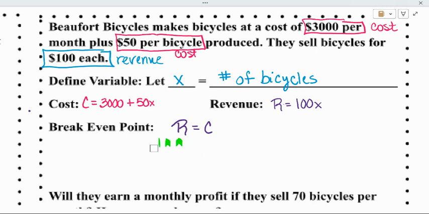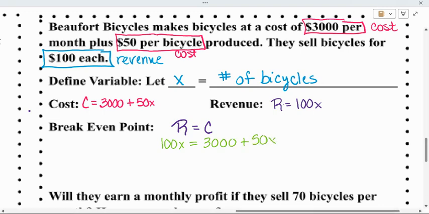What's the C expression? C equals what? So C equals 3,000 plus 50x. So now we have to figure out how many bikes they have to sell to break even. Tim, what do you want to do first?